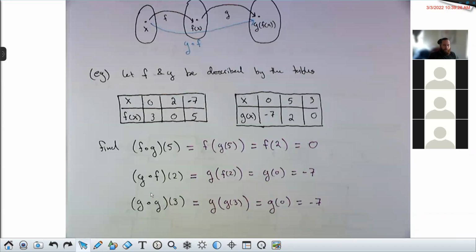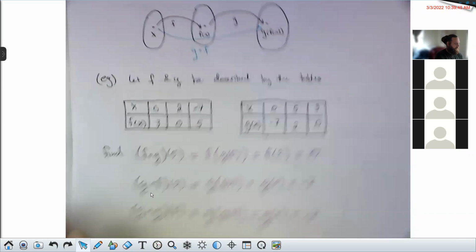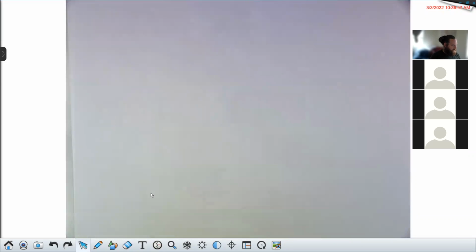Okay. There's one more concept I need to level with you on here, and that's this idea of a function being one-to-one. So a function is called one-to-one if it sends every input to a unique output. You know, the definition of a function is that each input goes to one and only one output.